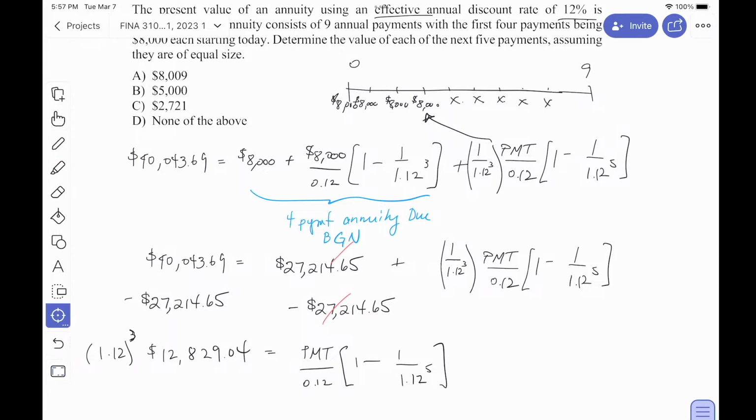So I skipped a step. I simplified this doing the subtraction, and then I cross multiplied this up here.